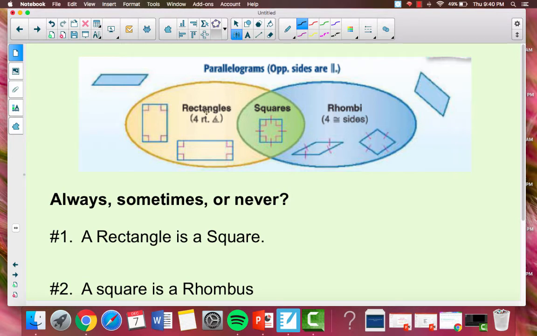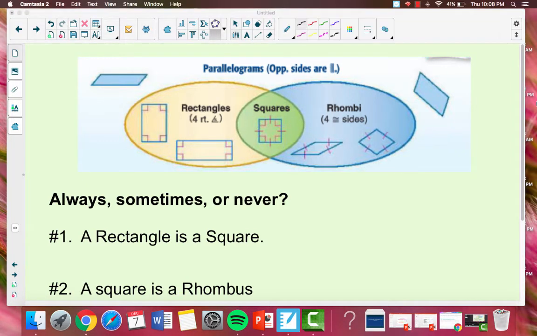So rectangles are still parallelograms, okay, but they just have four right angles. And rhombi are still parallelograms. They're inside this Venn diagram, but they have four congruent sides. And then notice how we said earlier, squares have four right angles and four congruent sides. So squares are basically just a combination of rectangles and a rhombus. So it's the mixture of the two.